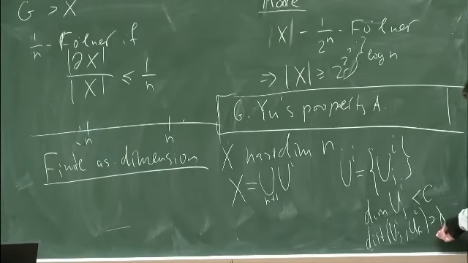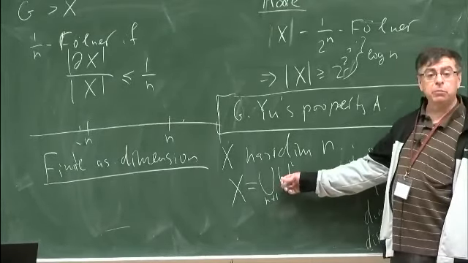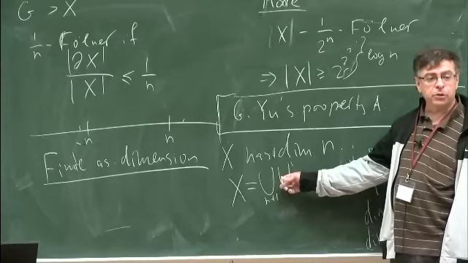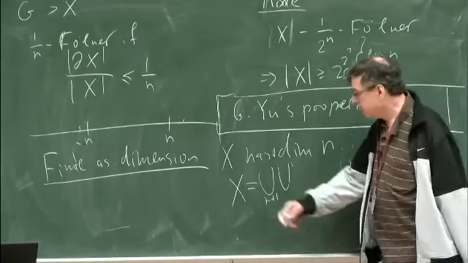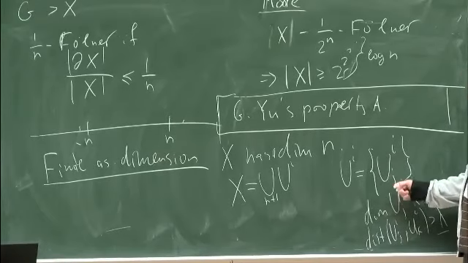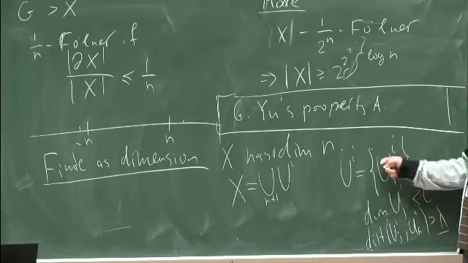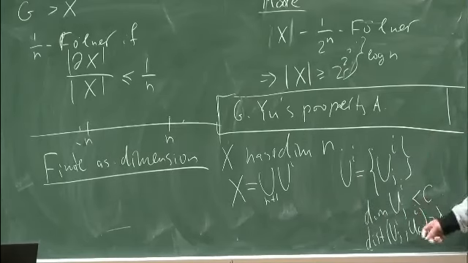Again, you pick a number lambda, you want n plus 1 families of finite subsets which cover your X, such that each set in each family is uniformly bounded, and the distance between any two subsets in one family should be bigger than lambda.